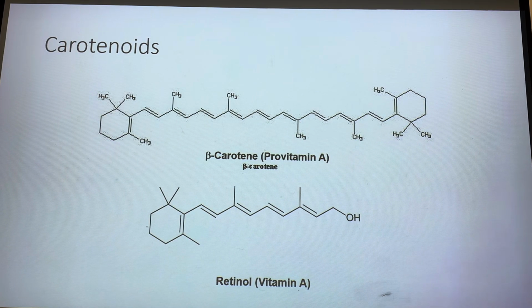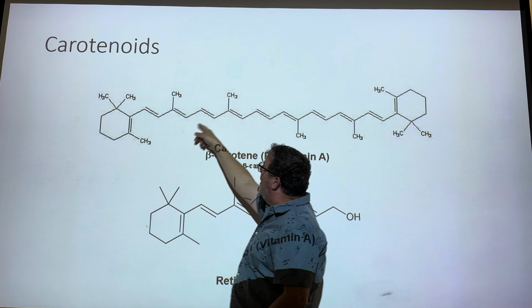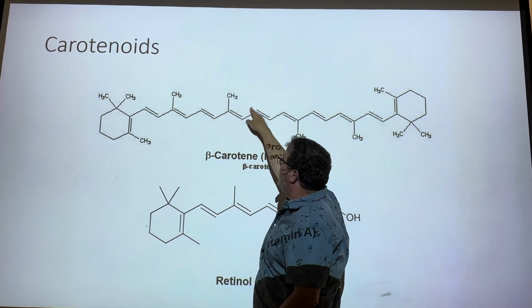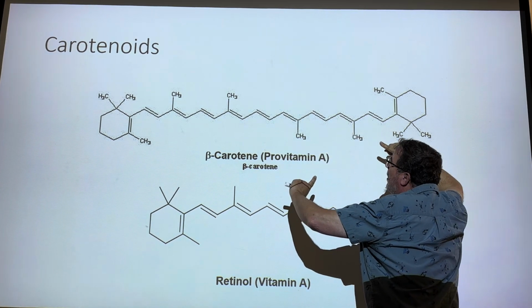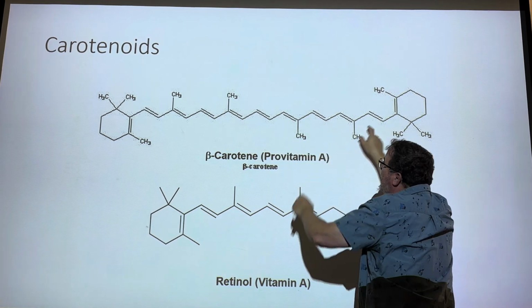Carotenoids. So these are the 40-carbon compounds. So here is beta carotene, provitamin A. Here you have this big conjugated system. Here you can see that isoprene substructure a little bit. And actually, the C40 is made up of two 20-carbon units that come together in a head-to-head fashion.